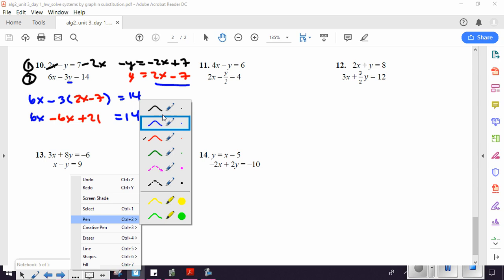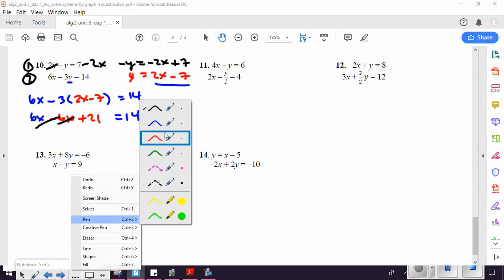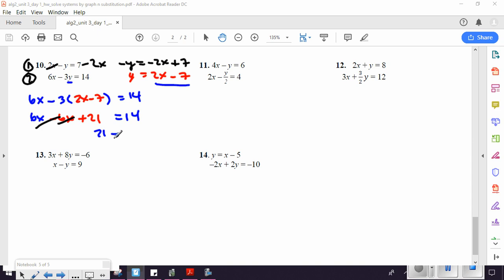So the only thing I'm left with is 21 is equal to 14, which is a false statement. So because that's a false statement, this system has no solution. In other words, it would have been two parallel lines that never intersect.